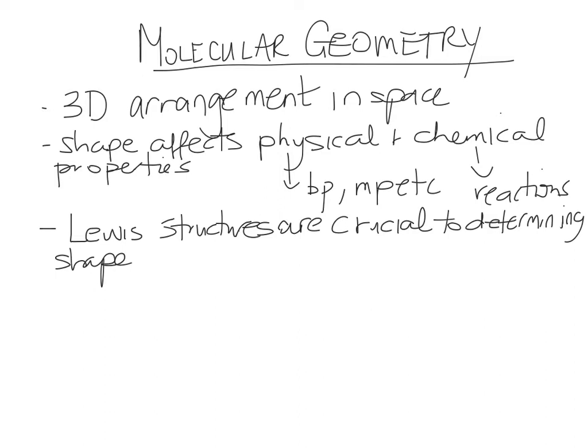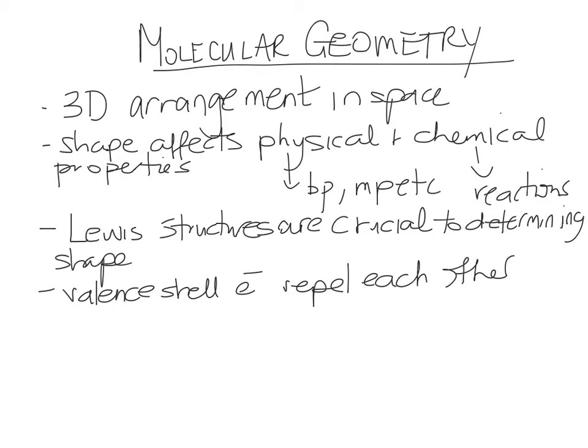Another key component to shape is the fact that valence shell electrons repel each other. They want to be as far apart from each other as they possibly can.